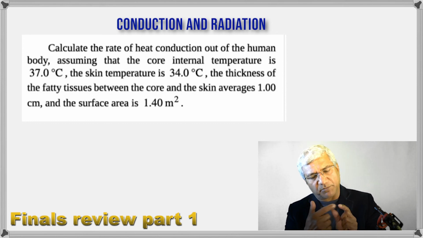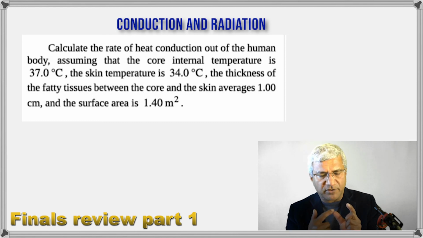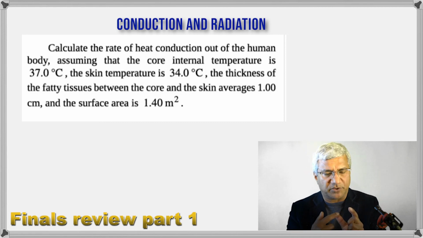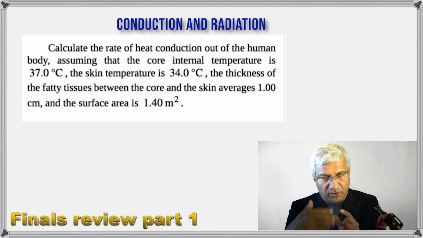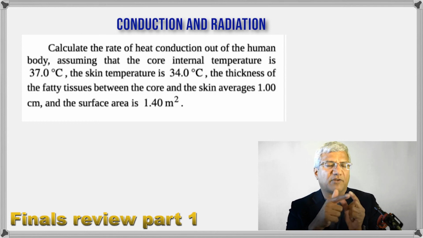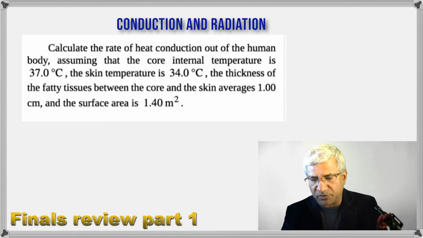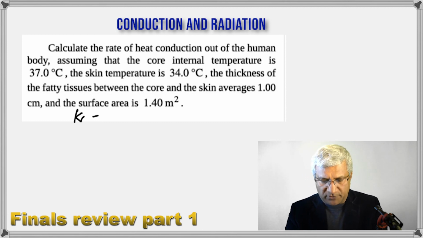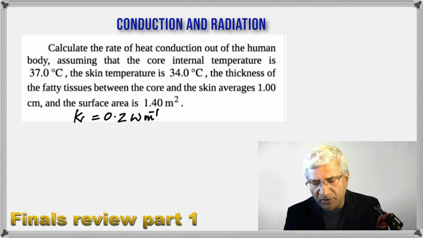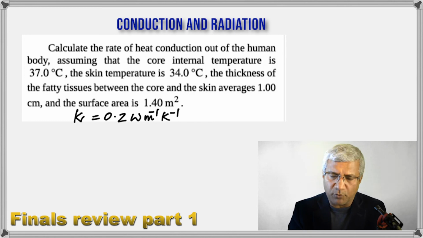So the inside temperature of the body, inside the fat, is 37. That's the human body normal temperature. Outside, the skin temperature is 34, which means heat is being conducted through the fat out to the skin, from the body to the skin, which you're trying to find out. So K of the human body is given. It's 0.2 watt per meter.